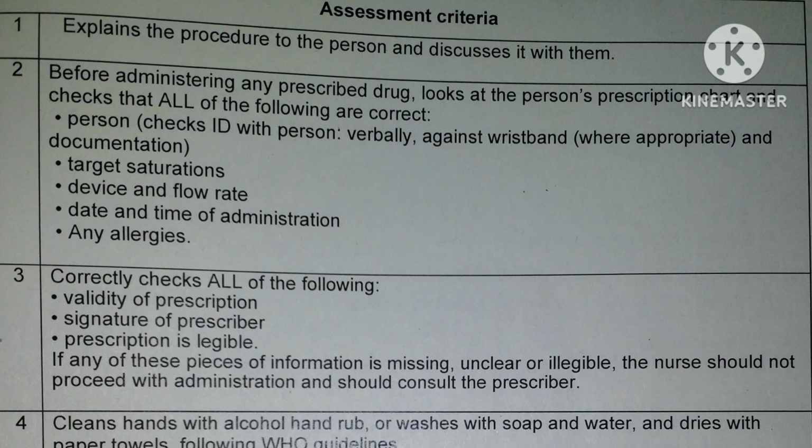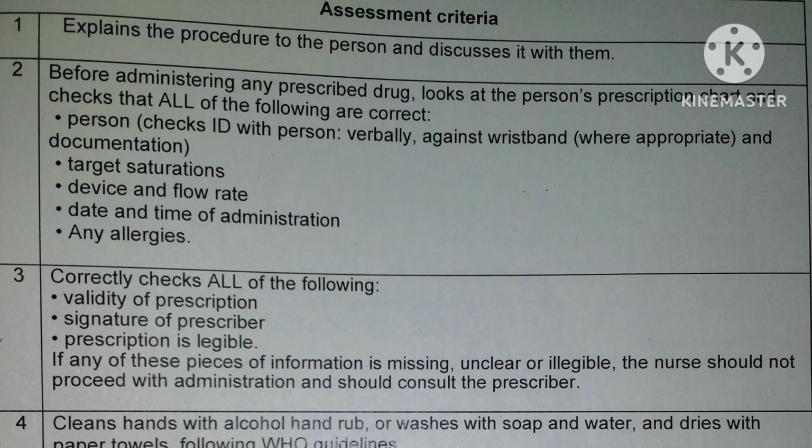Then we should read out the target saturations, the device and flow rate, and the date and time of administration. You should read loudly so that the assessor can hear it. Then we should check the prescription for validity, that is the next criterion.